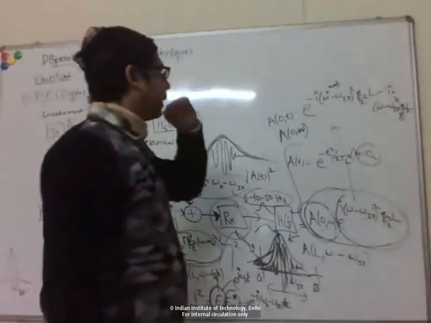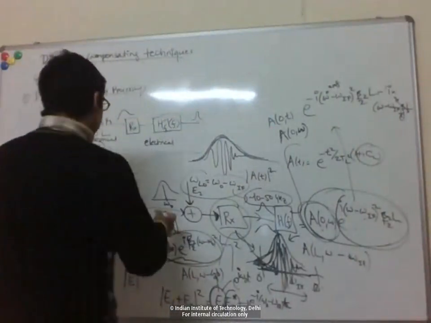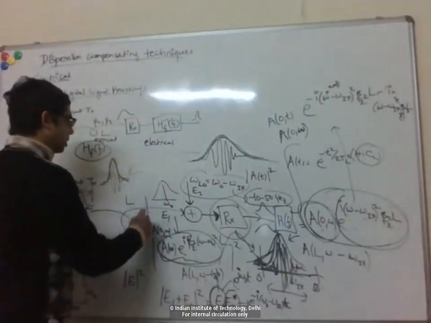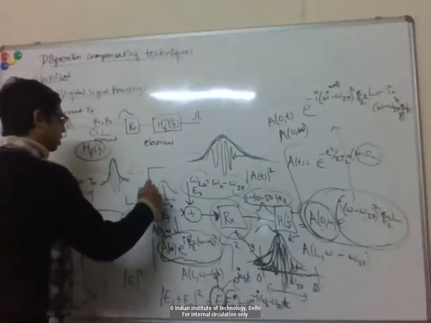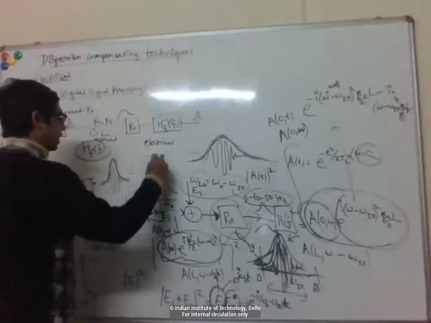And you can do this at different wavelengths again, right? So if you have a WDM system, then you have a demultiplexer first, and then you separate into different wavelength channels.